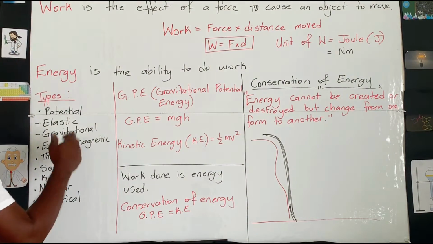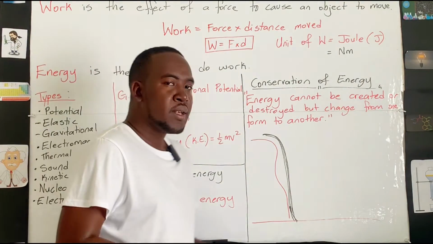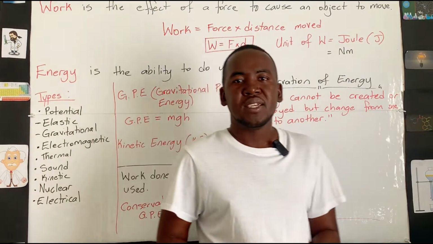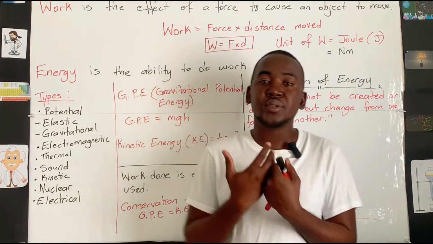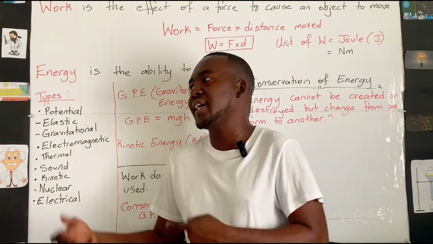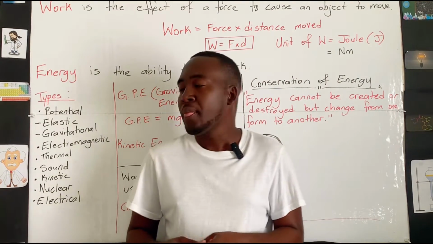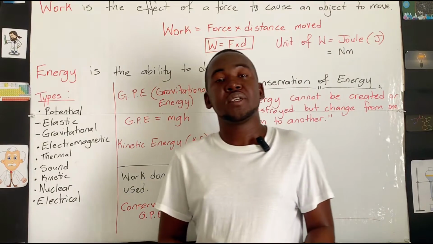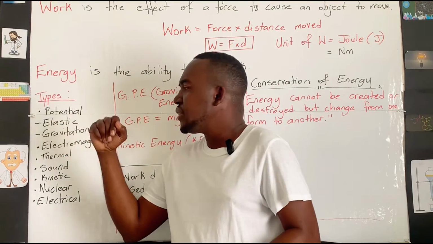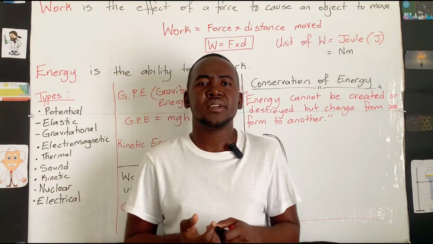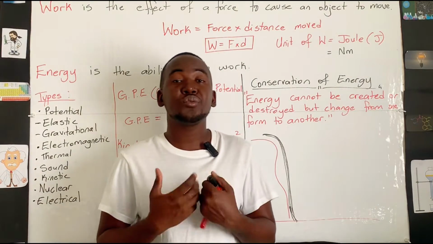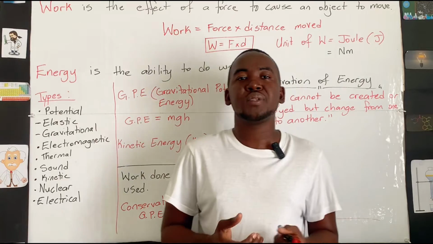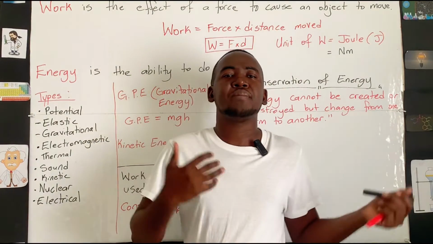So the first one is potential energy. Now, potential energy is just stored energy. This means that it's energy that is stored inside the object to be used at a later date. Now, we have different types of potential energy. One that we're going to look at is elastic potential energy. This type of energy is the energy that is stored up within elastic objects, for example, an elastic band.